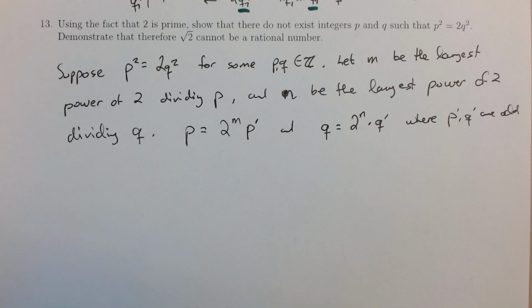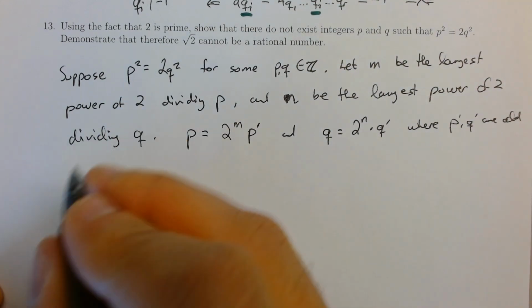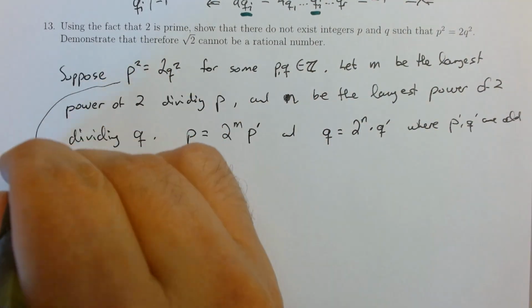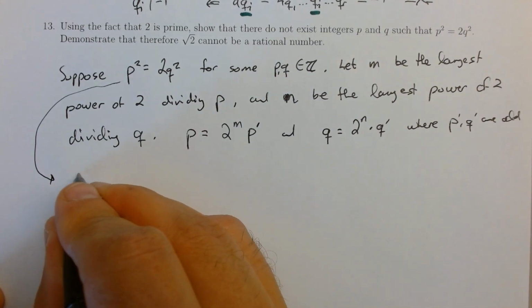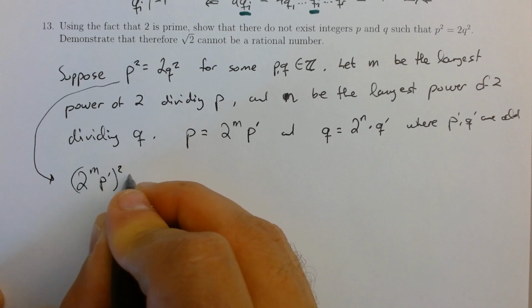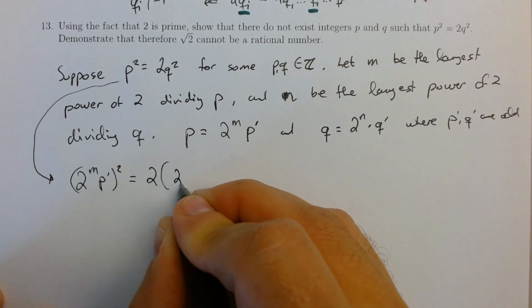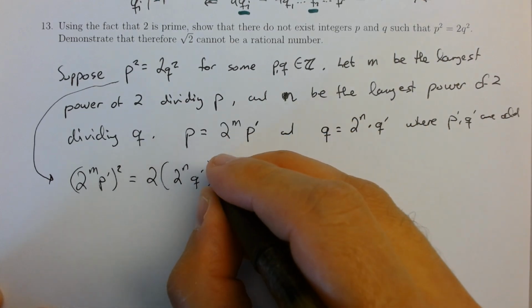Okay. Now, let's look at the formula that we have. So p squared is 2q squared, so we could plug these into that. So this would be 2 to the m p prime squared is 2 times 2 to the n q prime squared.